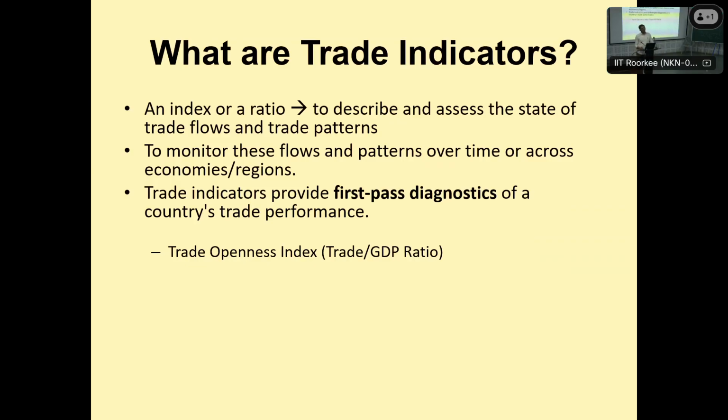So trade divided by GDP into 100 is your trade openness index, that is, export plus import divided by GDP, total export value and total import value divided by GDP.